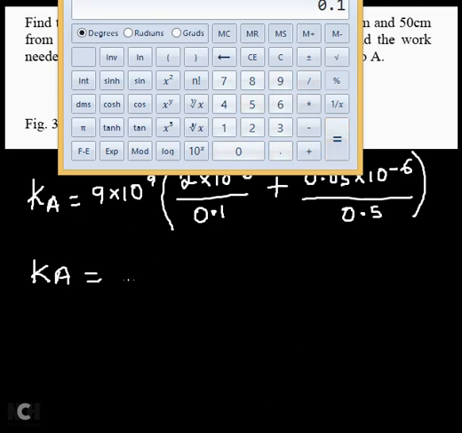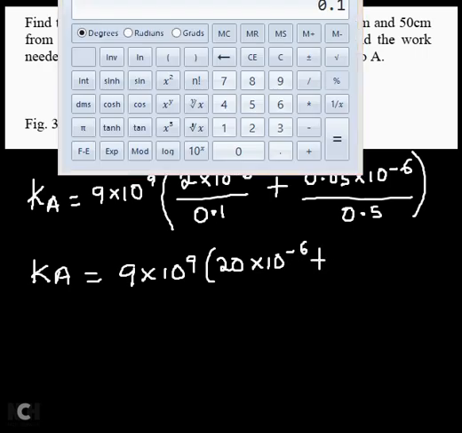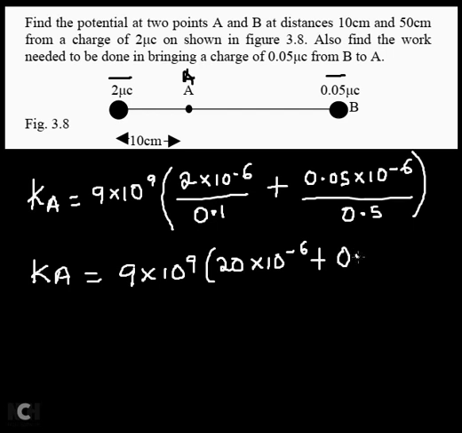So in this case I'm having 9 times 10 raised to the power of 9, open bracket, 20 times 10 raised to the power of minus 6, plus 0.1 times 10 raised to the power of minus 6, bracket closed.